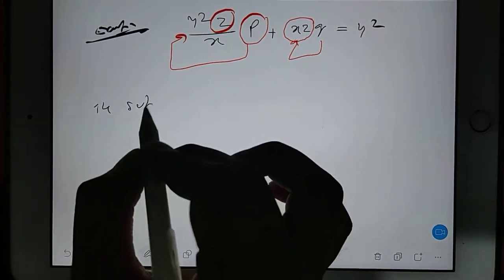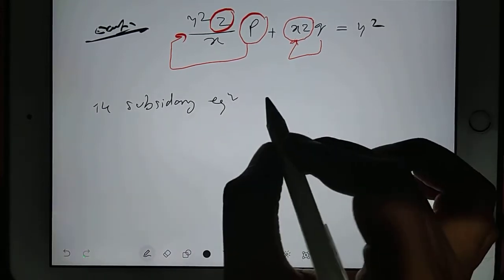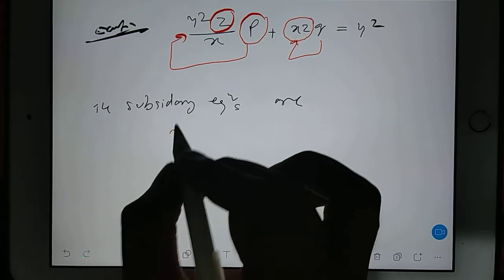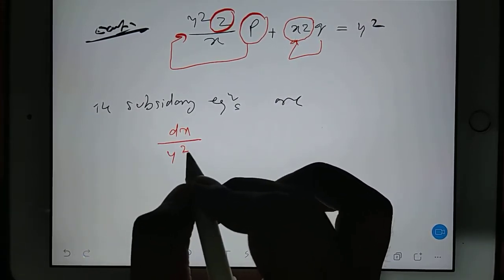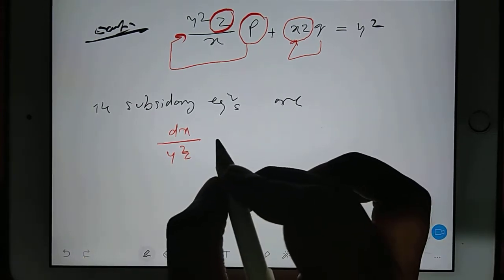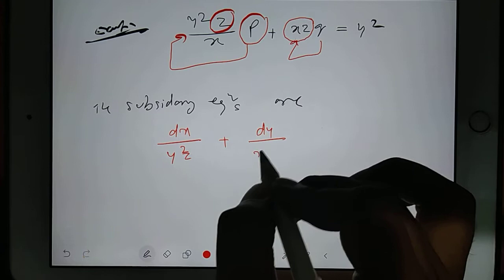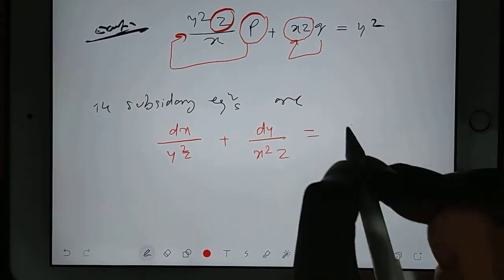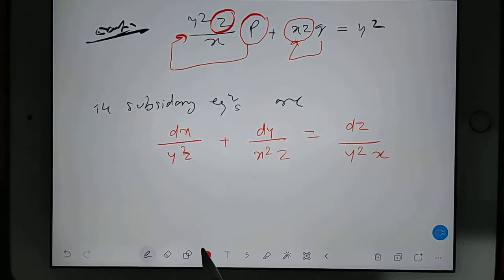The subsidiary equations will look like this: dx by y square z is equal to dy by x square z is equal to dz by y square x.